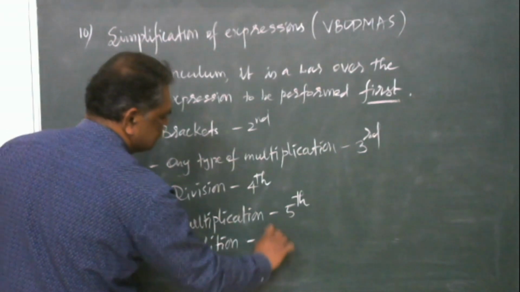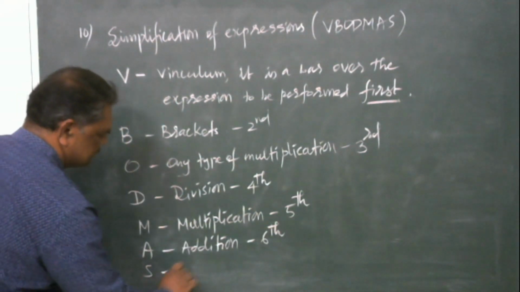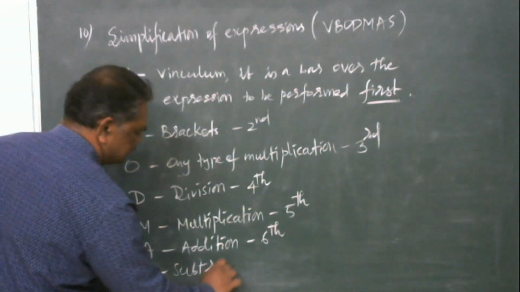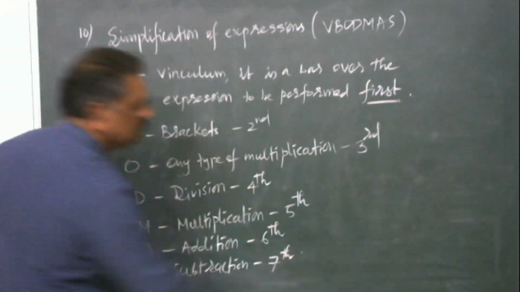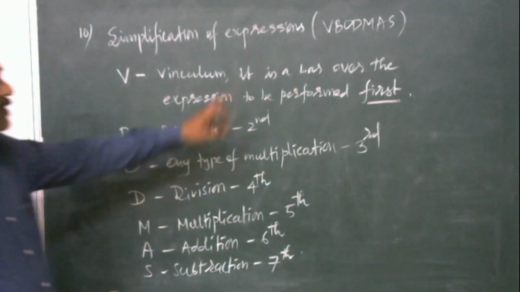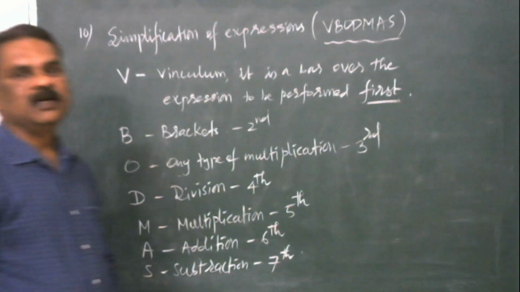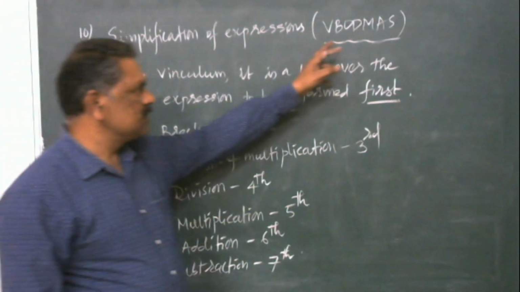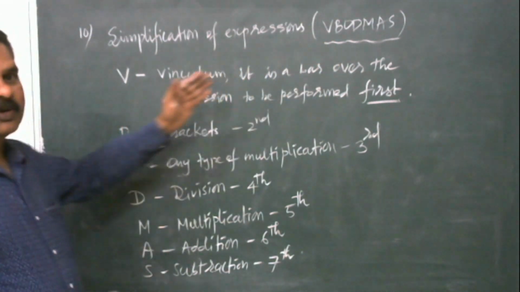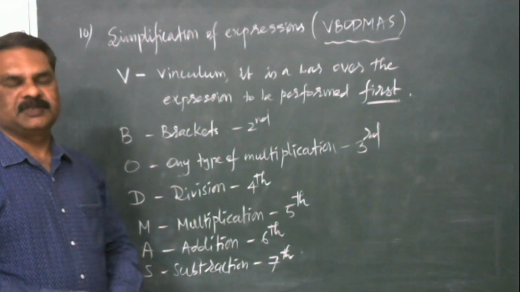Addition sixth, and S stands for subtraction, seventh. So if you remember this VBODMAS, we can easily simplify the expressions because it helps us to remember the order of performing the operations.